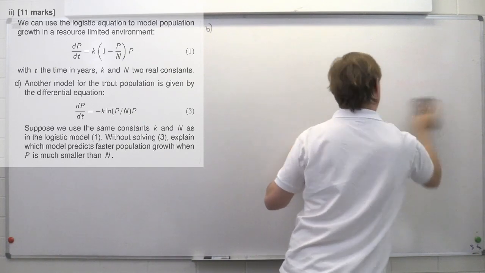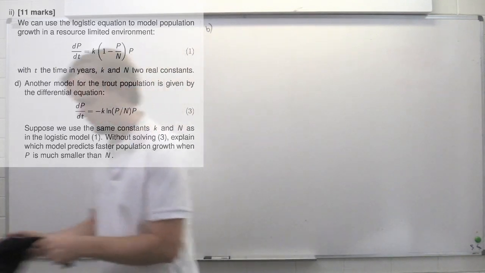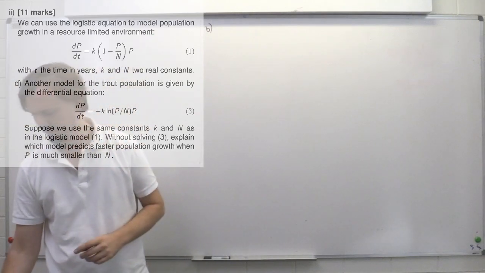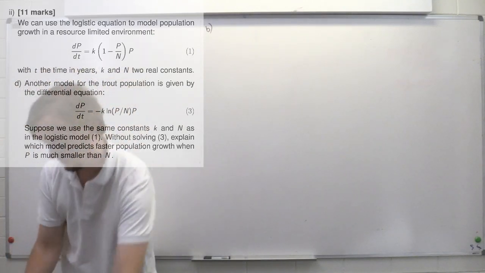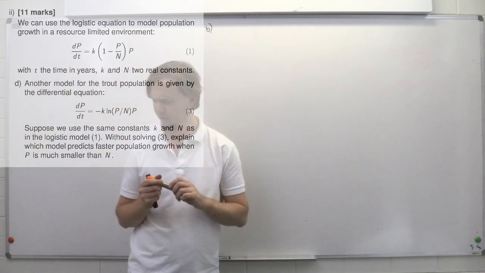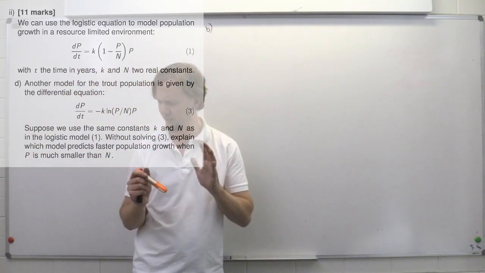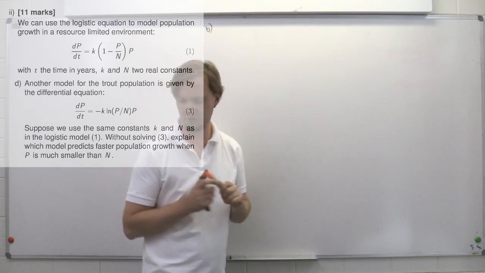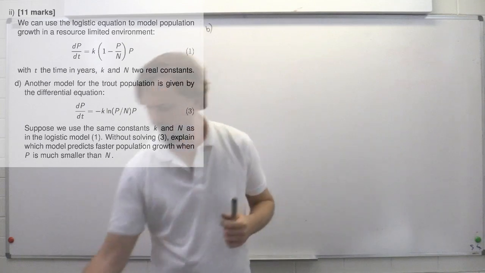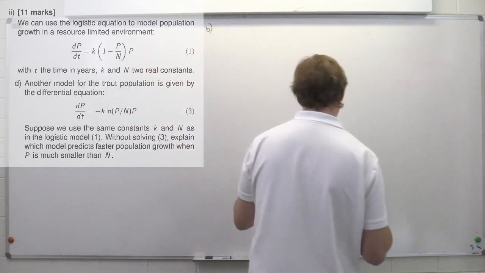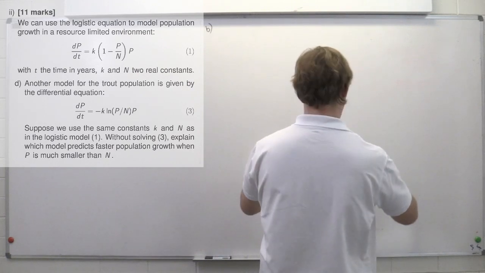So I didn't think about this when I was preparing, but actually I'll give it a go, see what it looks like. I might try and plot what this looks like for different values of p. So we can see actually again that when p is close to n, p over n is close to 1, and log of 1 is 0. So it is going to be 0 at p equals n.